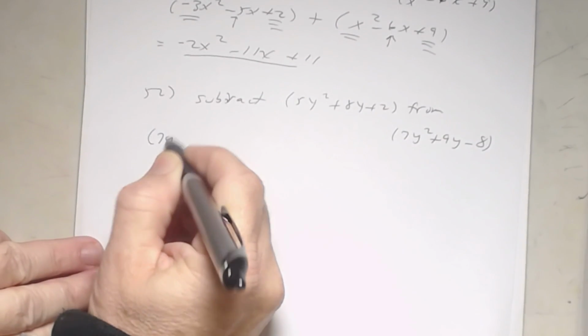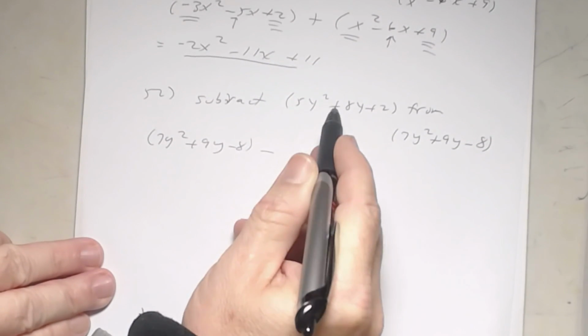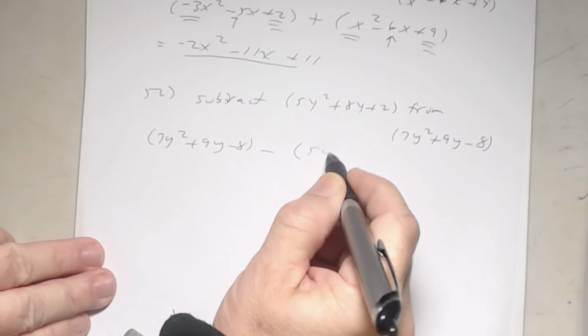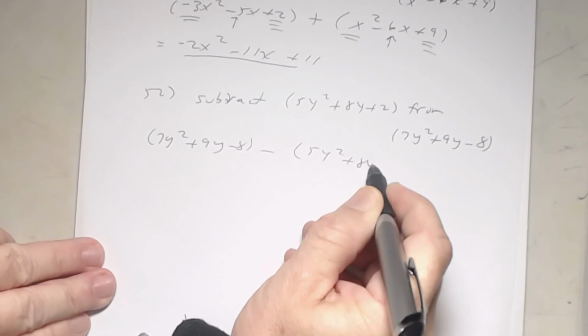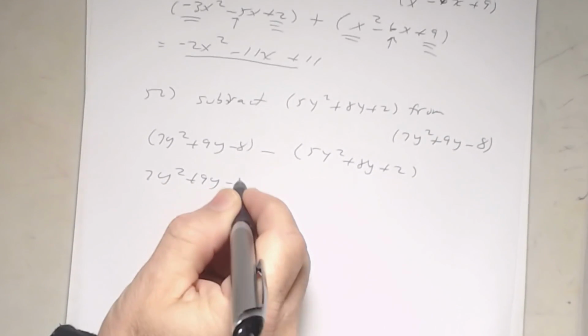So that's 7y squared plus 9y minus 8, and then you're subtracting this polynomial, leave it in parentheses now. 5y squared plus 8y plus 2. All right, so that's how you have to rewrite it. Now let's get rid of the parentheses since I am subtracting. Can I automatically get rid of the first set of parentheses? Yes. So that's 7y squared plus 9y minus 8.